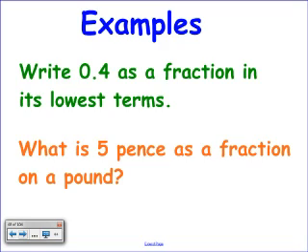So 0.4 represents something. It's not just 0.4 because it's 0.4. 0.4 is actually something else. Second one, it's kind of how they like to word things. What's 5 pence out of a pound? What is it as a fraction? Two ways of approaching it. We'll look at both ways.